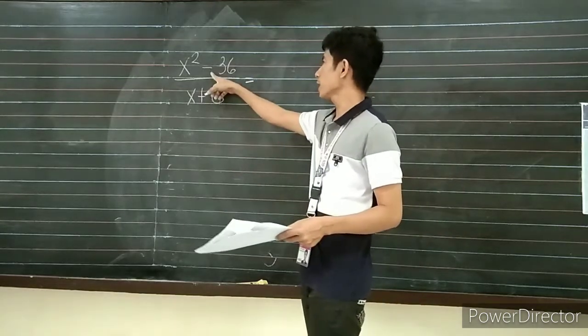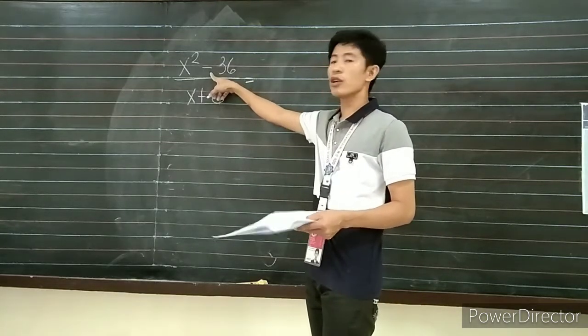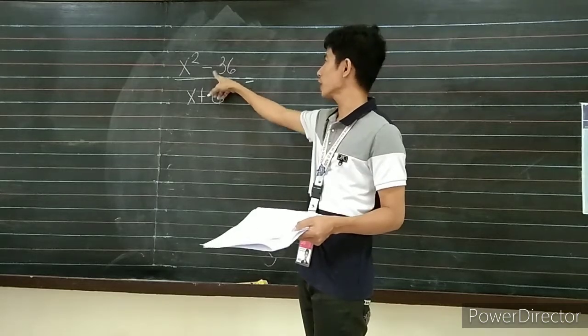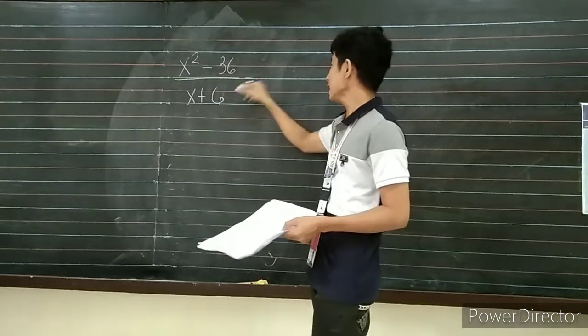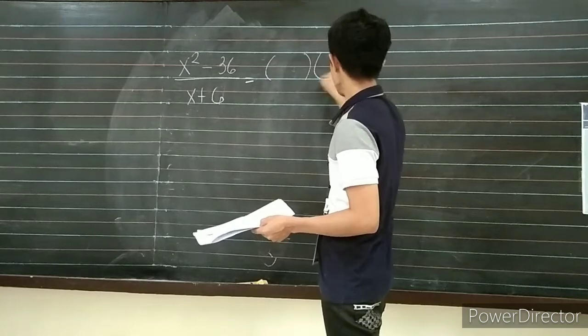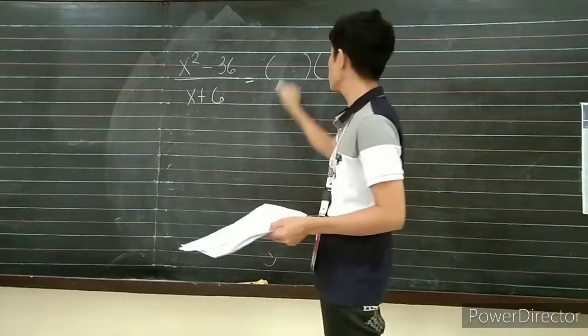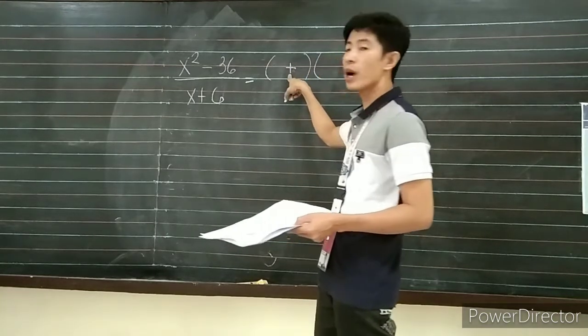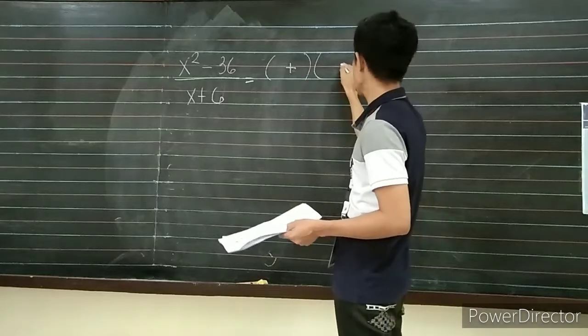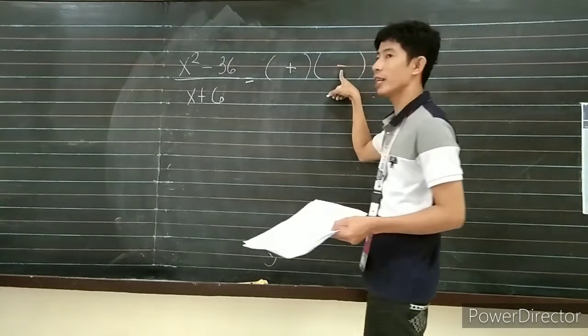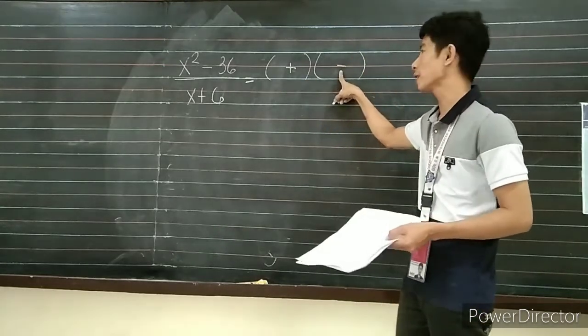We have here the difference of two squares, which is x squared minus 36, and it can be factored as the product of two binomials, with one having a positive sign and the other a negative sign.